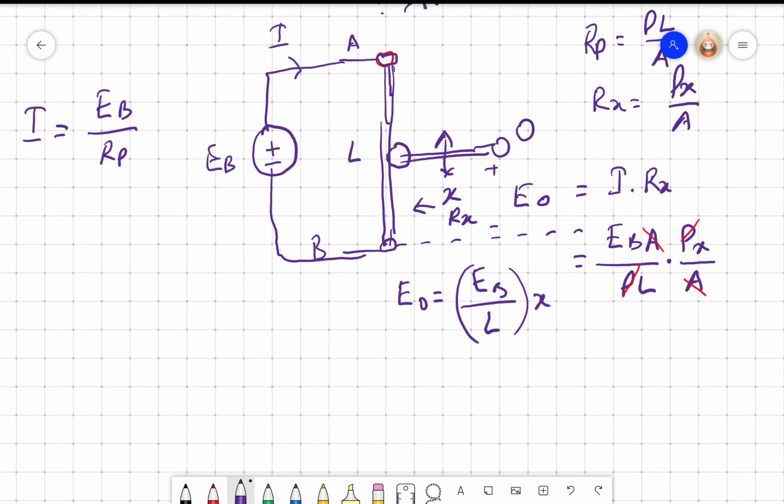I have an output voltage which is simply proportional to the displacement x.